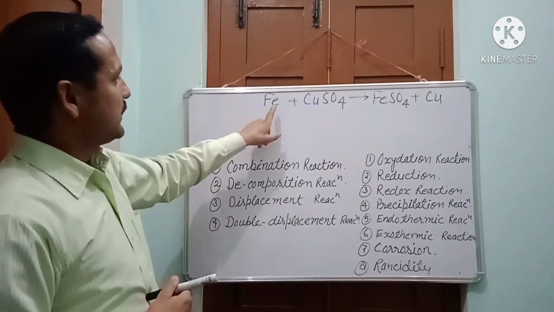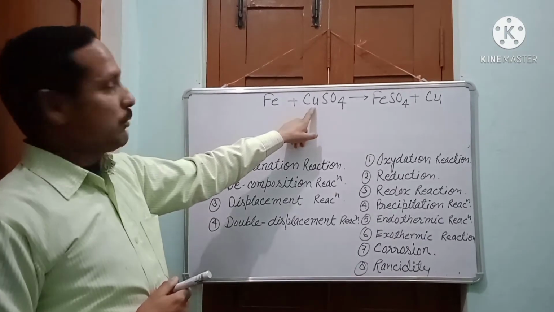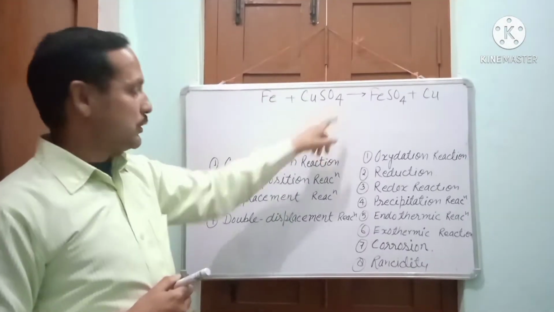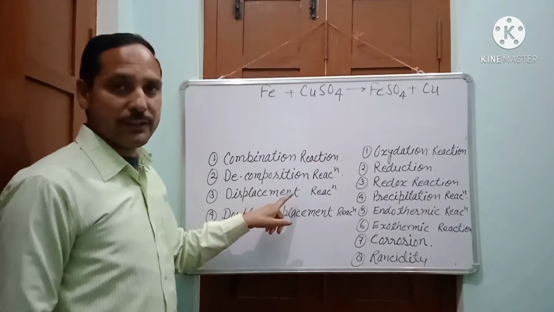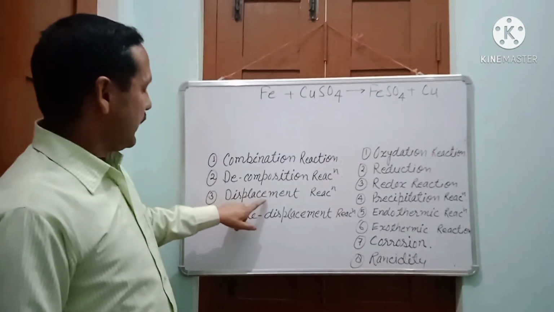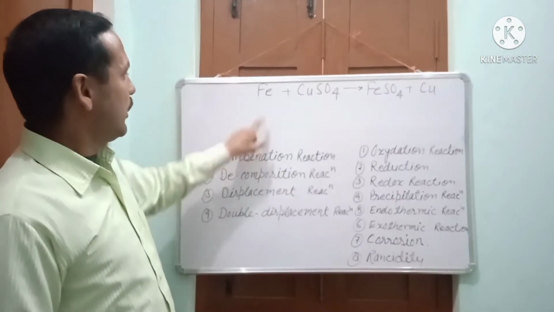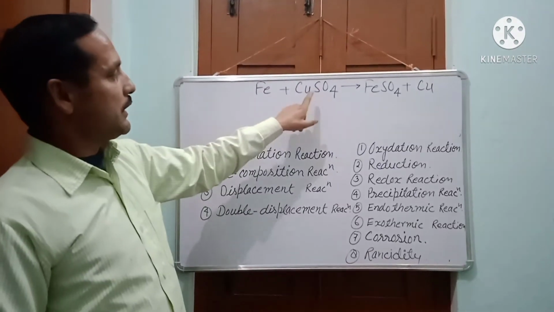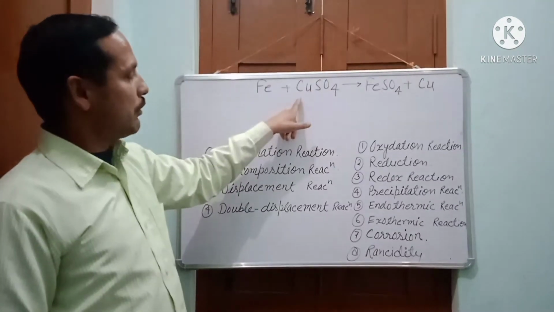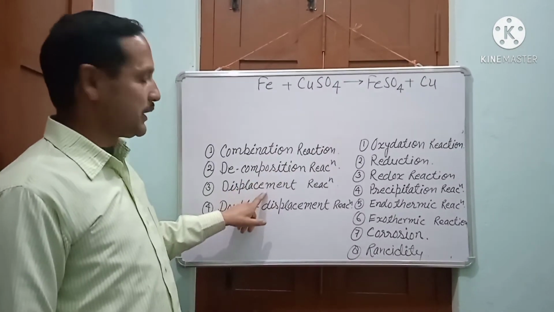Here iron has displaced copper from copper sulfate solution. So such type of reaction, again definition: any chemical reaction in which a more reactive element displaces a less reactive element from its compound is called displacement reaction.